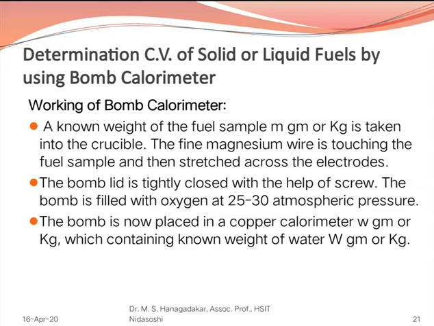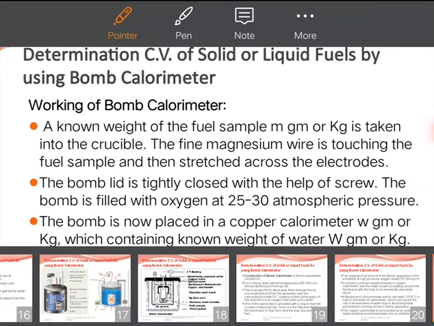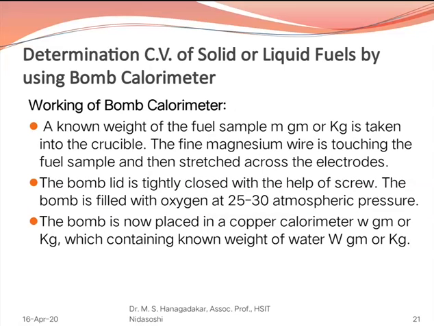The bomb lid is tightly closed with the help of a screw. The bomb apparatus is filled with oxygen at 25 to 30 kg per centimeter square, that is, high pressure. Now the bomb is placed in the copper calorimeter of W gram or W kg, containing a known weight of water, capital W gram or capital W kg.